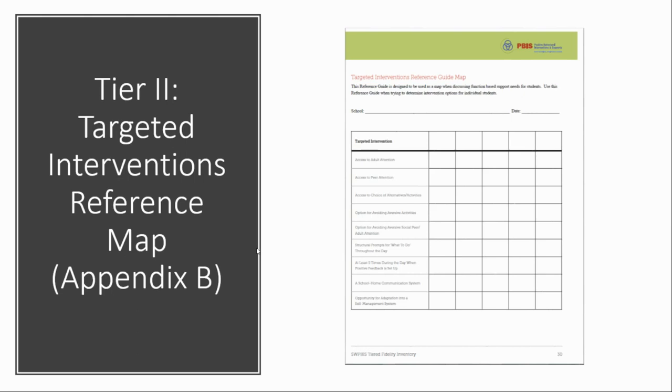What this reference sheet is going to do is help that team analyze those interventions that they have in place and see if those interventions are appropriate for the possible motivations of those behaviors. And again, this can be found in the appendix of the TFI.